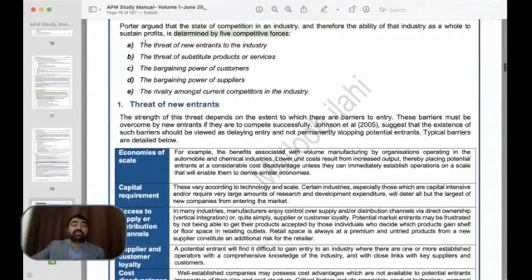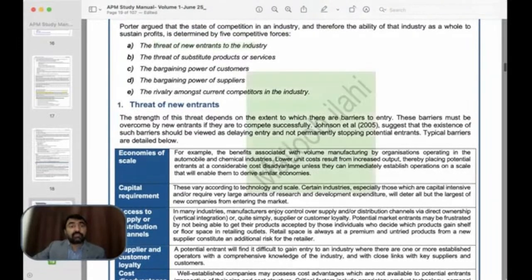Number 1, threat of new entrants. Are there new entrants? The threat means: can new entrants enter the market easily, or are there difficulties for new entrants to make entry into the market? That threat is determined by the barriers to entry.